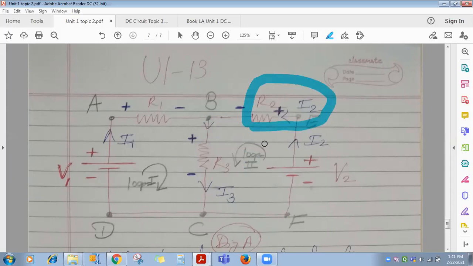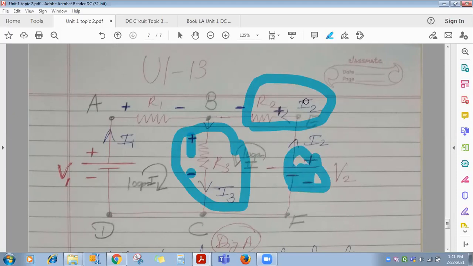Negative, minus I2 R2. What about I3 R3? Negative, because here it's positive and here negative. So minus I3 R3. And what about V2? Positive. So minus I2 R2 minus I3 R3 plus V2 is equal to 0.